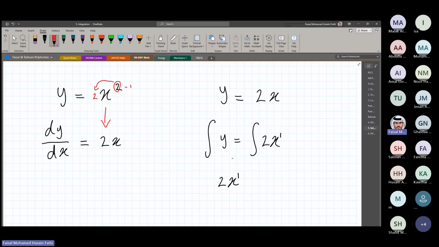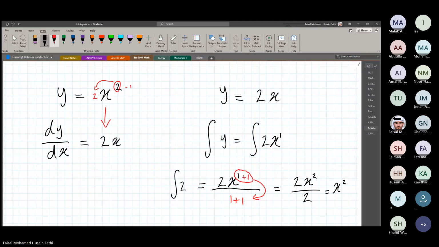We're going to add to it 1, and we are going to divide instead of multiply by the power plus 1. So we're going to divide by 1 plus 1, the new power that we are getting, the full power here. We're going to add it to the bottom. So in other words, this is going to be equal to 2x squared divided by 2, which is simply x squared. This is the integration of 2x.